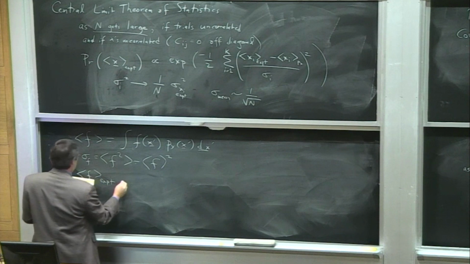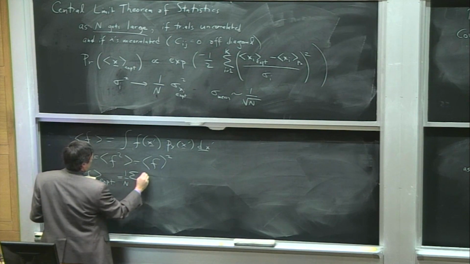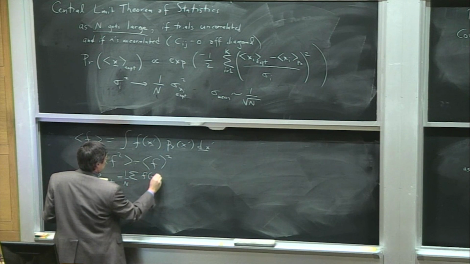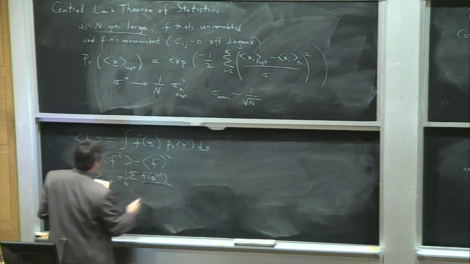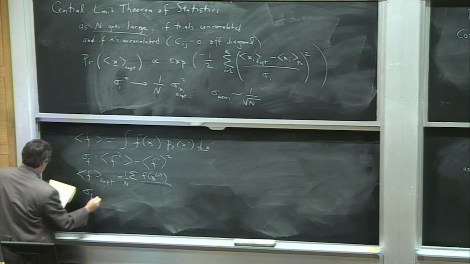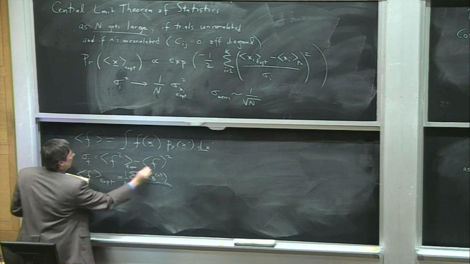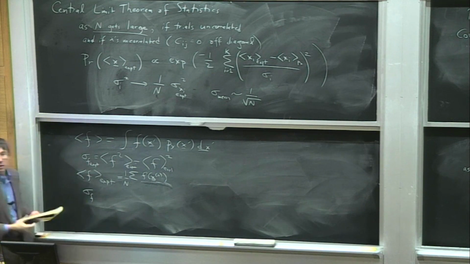This is going to be 1 over n, the sum of the values f of x_n, the nth trial. All right. And we can write a similar thing for sigma f, which I just did right there. You can do the same thing, just make these experimental values now. Okay.